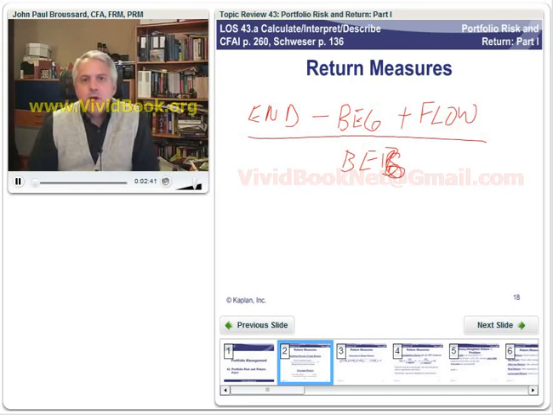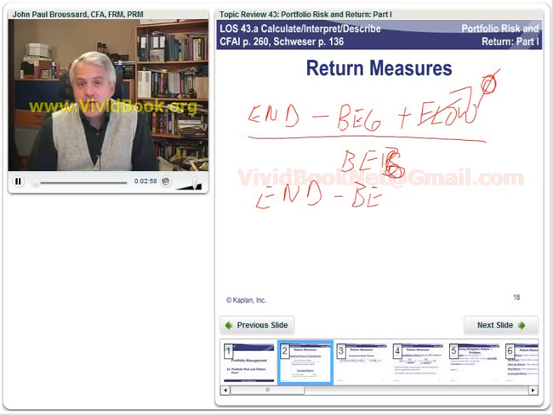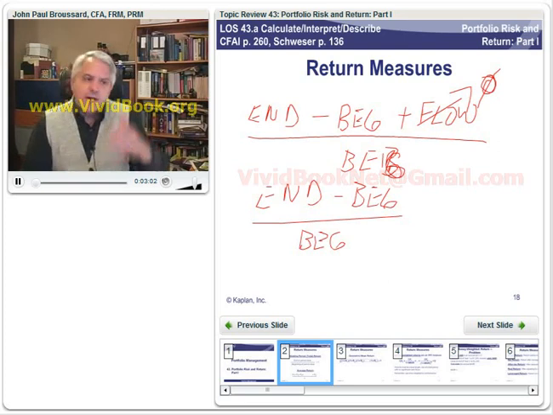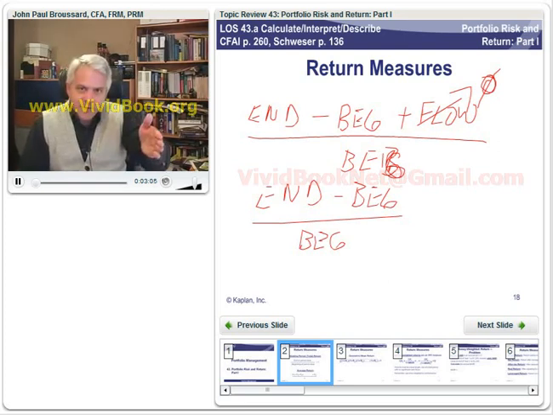Well, the example that we have on the slide here is just assuming that we don't have any flow, or that any flow is essentially inconsequential. So when we talk about return, we really are just talking about the change in the value over our ending point of our time horizon and the beginning point of our time horizon.